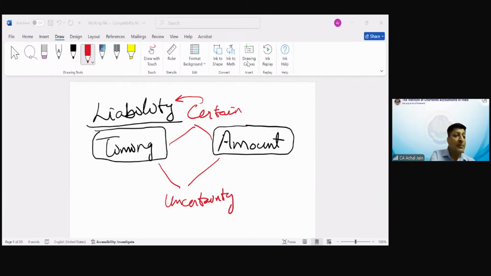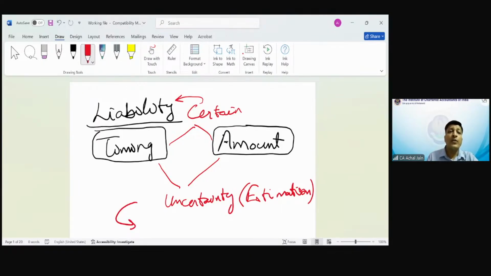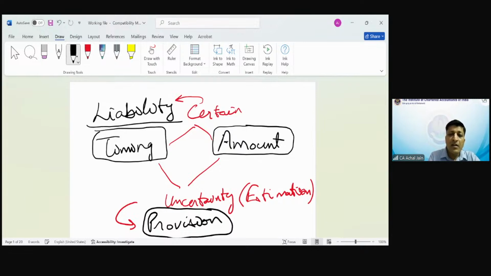And the moment we bring in that estimation, what will happen? The nature of this liability will change. So then we will not be calling this a liability anymore. What do we call it then? Provision. In such a case, we'll have to call it a provision.